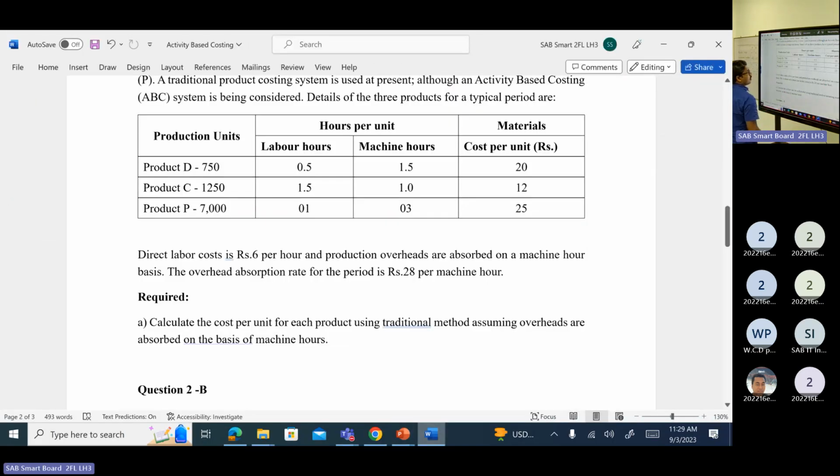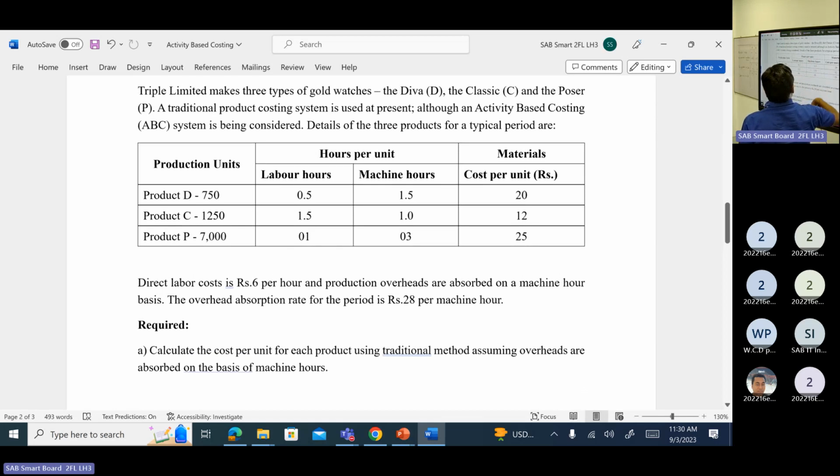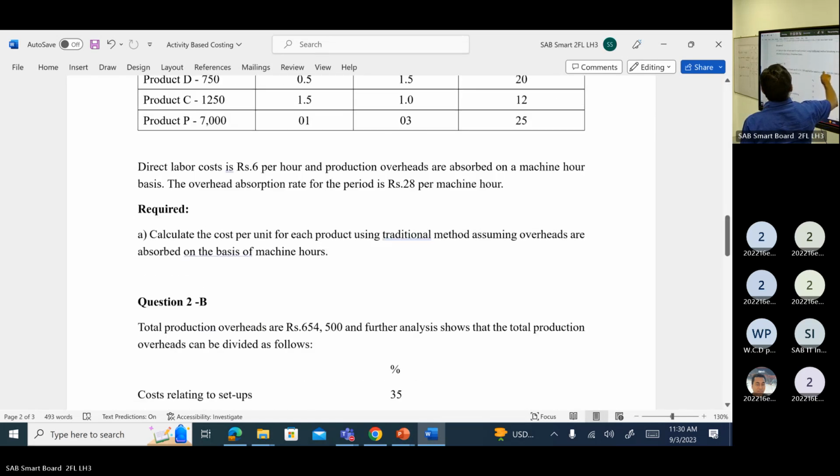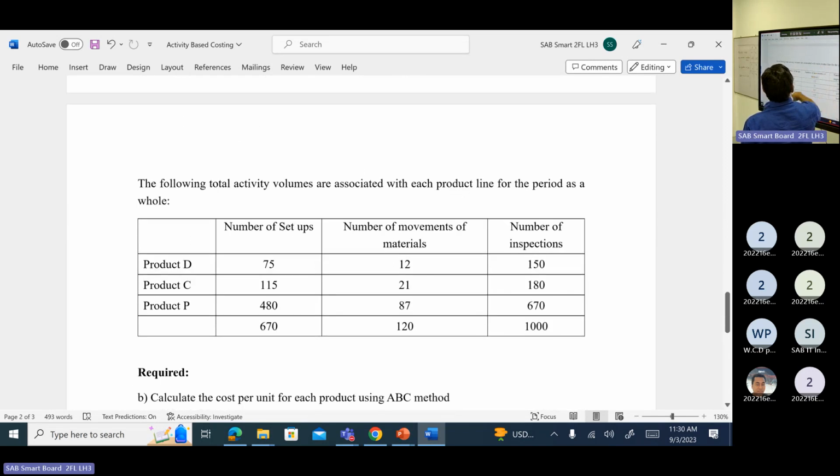So here we have the number of labor hours, machine hours, here we have number of setups, movements, and inspections for each product. So you need to find.